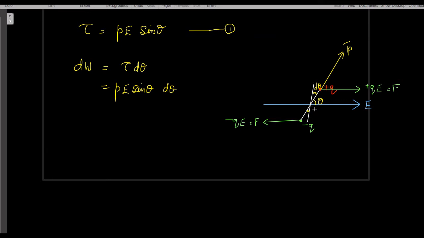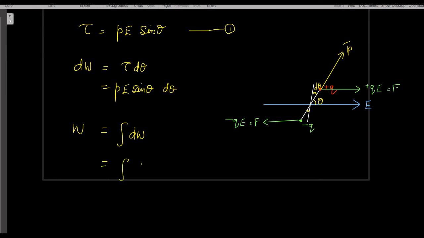If it is so, on rotating through an angle theta, let W be the work done, which is the integration of all these elementary work done. What is dW?